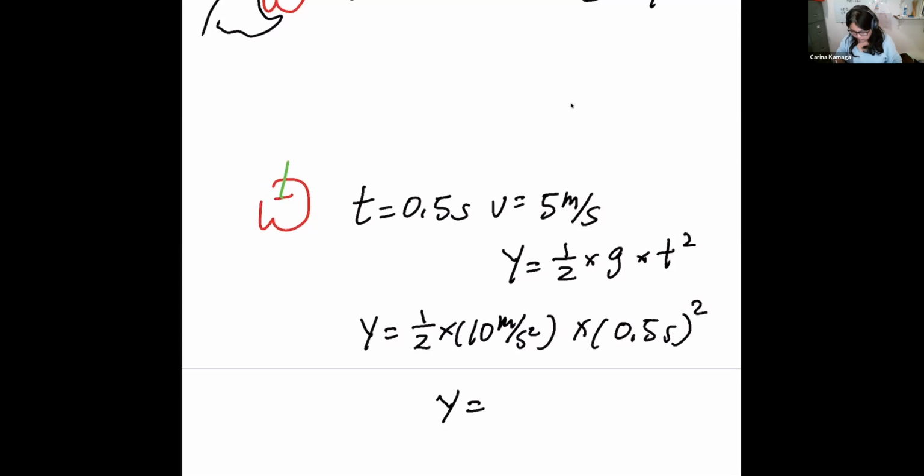So y equals 0.25 times 5, so it becomes 1.25 meters.